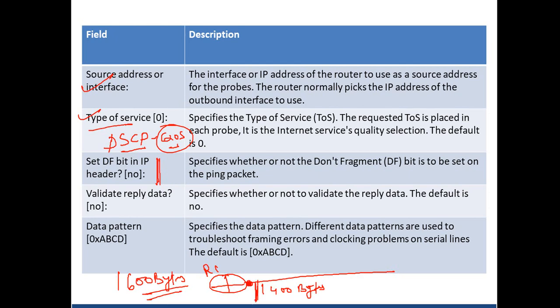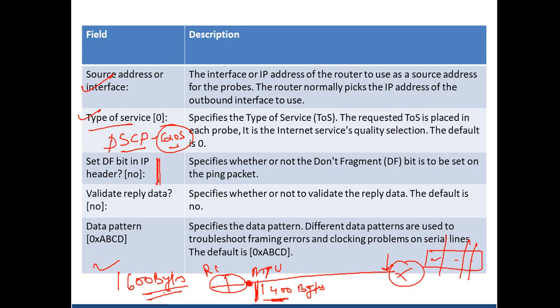So basically, if the packet size exceeds the MTU, then this packet is broken down into small pieces, or chopped off into small fragments, and these fragments are reassembled on the other end, right? So this is the default behavior. If the packet size exceeds the MTU, then the packet is fragmented into small fragments.